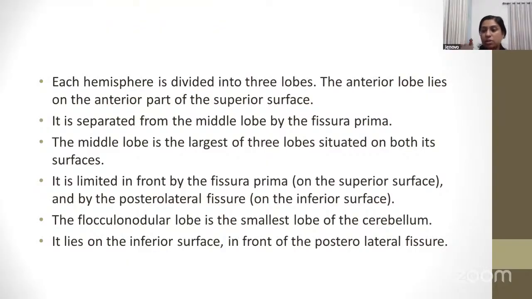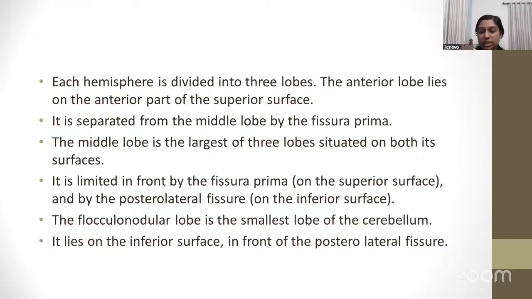The posterior lobe is also called the middle lobe. So each hemisphere is divided into three lobes. The anterior lobe lies on the anterior part of the superior surface, and it is separated from the middle lobe by the fissura prima. The fissura prima is a fissure that separates the anterior lobe from the middle lobe. The middle lobe is also called the posterior lobe.